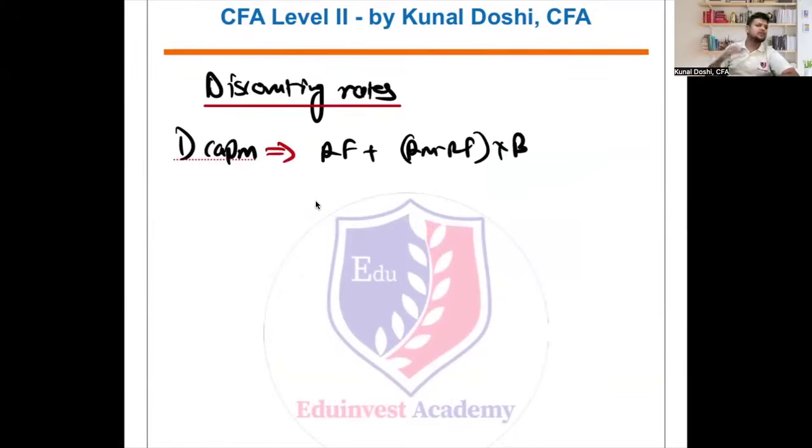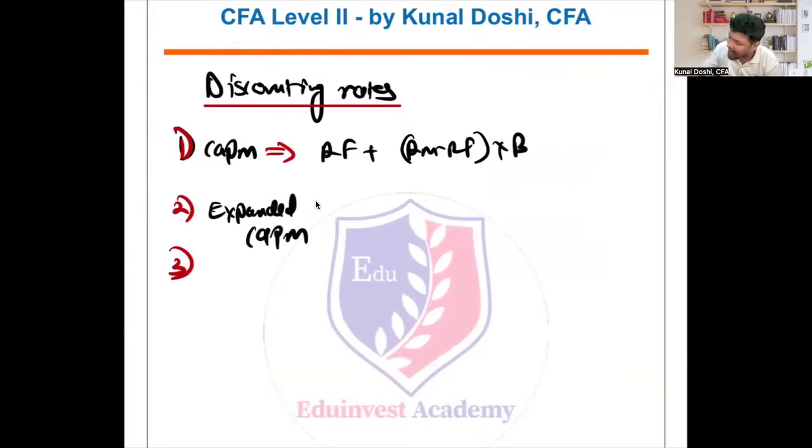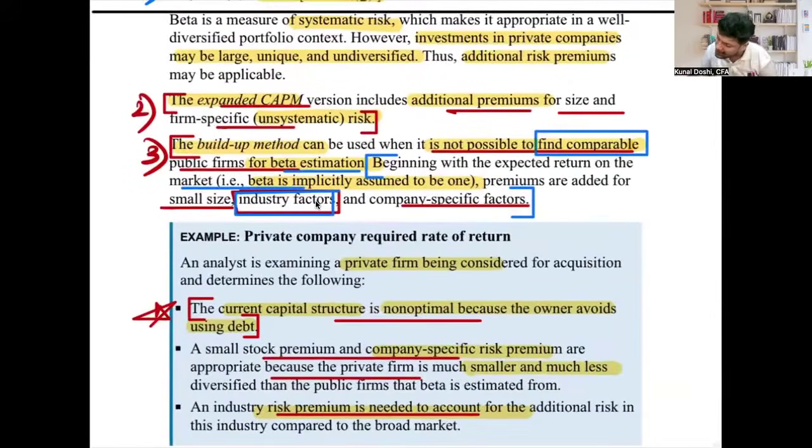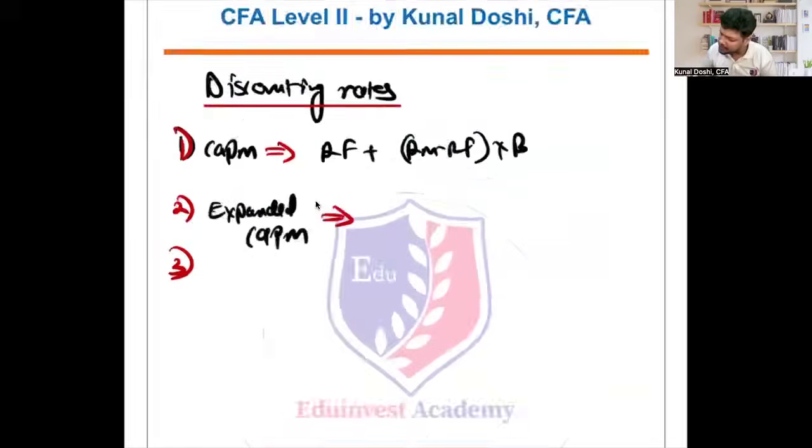Here we can use the beta for a proxy company, but then we use the second and the third approach, that is an expanded CAPM. Expanded CAPM, which is a more accurate approach, adjusts for the size and other company specific risks which are more relevant for an unlisted company. So it adds a size premium and unsystematic risk premium, which is a company specific risk premium.